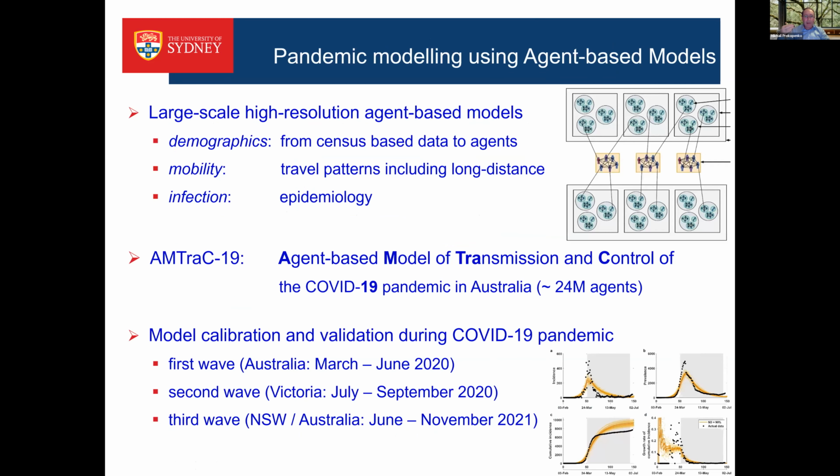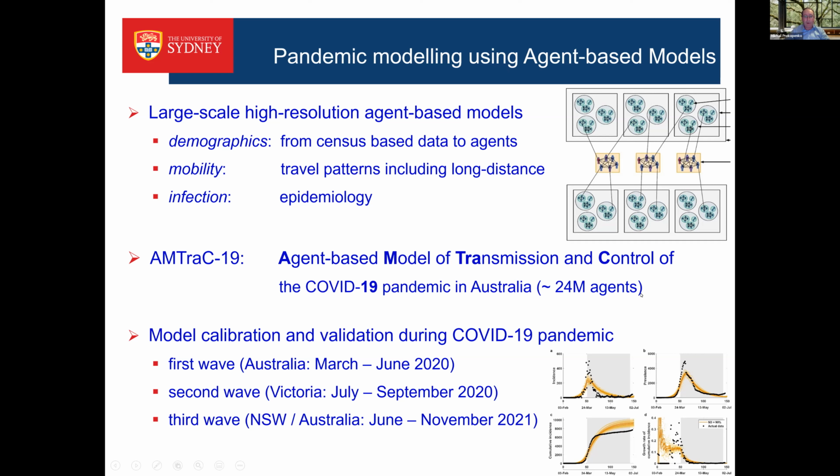We use this, and then we moved on to COVID-19 modeling, and what we modeled is encapsulated in this open source software, an agent-based model of transmission and control of the COVID-19 pandemic in Australia.